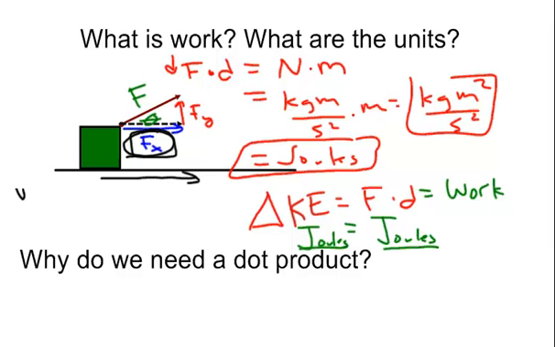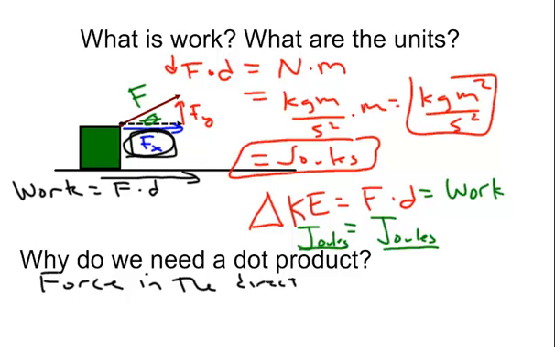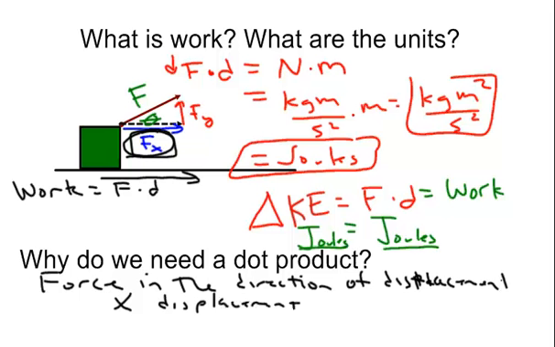So when we talk about work equaling force times distance, what we're talking about is force in the direction of distance. And if we want force in the direction of distance, so force that's in the direction of, let's call it, instead of distance, displacement, multiplied by displacement, that's what work is.